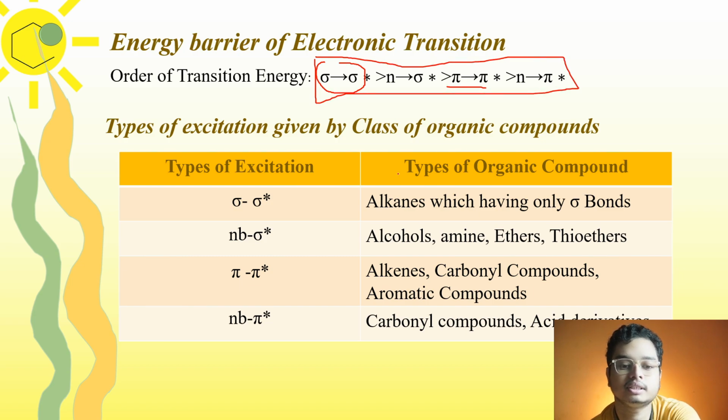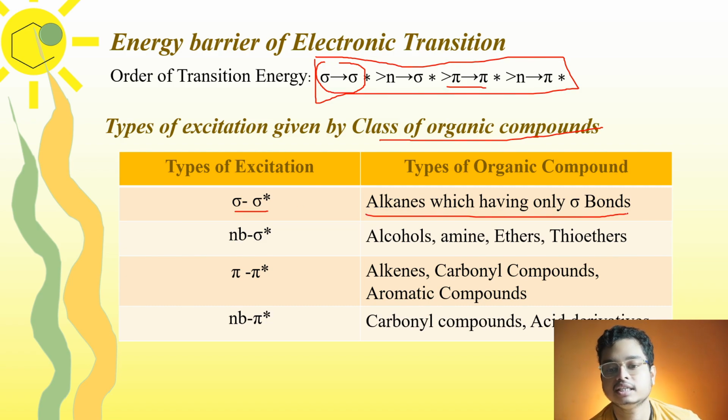Now from the organic chemistry point of view, you have to know which class of organic compounds gives which type of excitation. Which organic compounds show the sigma to sigma star transition? Basically alkanes, which have only sigma bonds. For example, CH4, methane, has only sigma bonds, and that's why methane shows the sigma to sigma star transition.